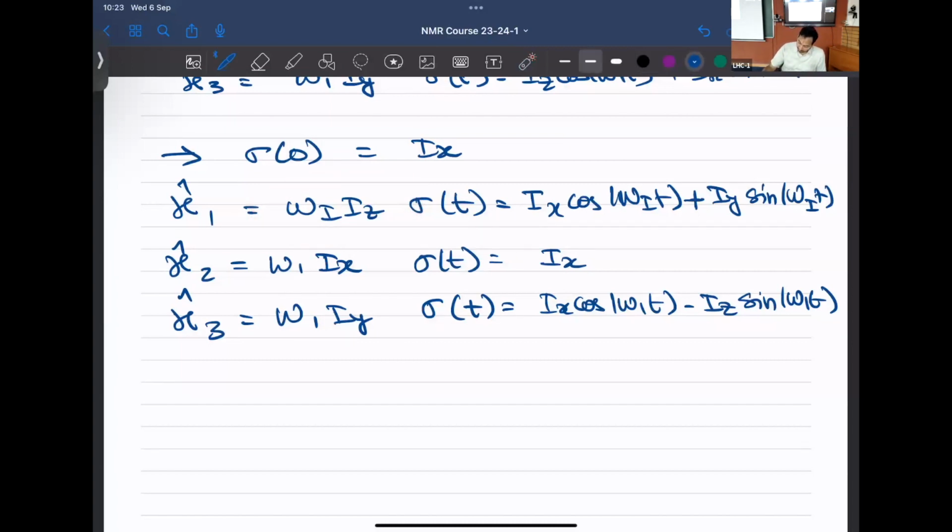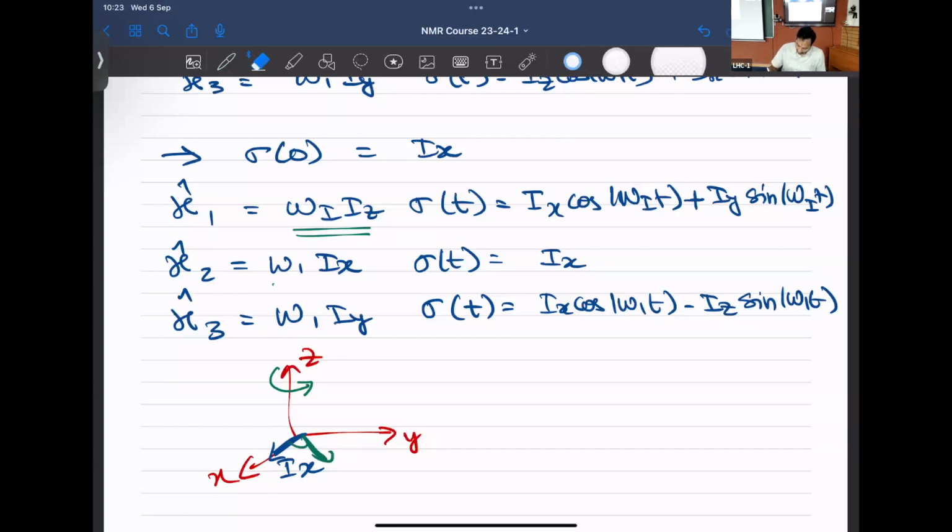If you are able to think of X, Y, and Z, this will not work for two spins, but let's start with a single spin. Let's say you started with an Ix, and you can imagine the omega 1 Iz as a counterclockwise rotation about Z. So the vector starts to go at an angle of omega 1 times t.